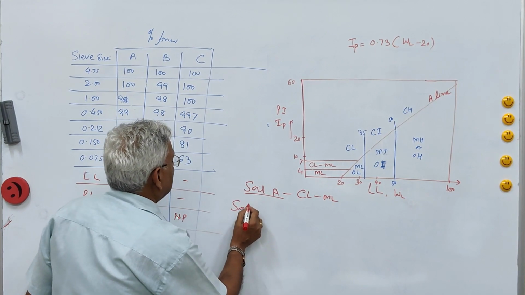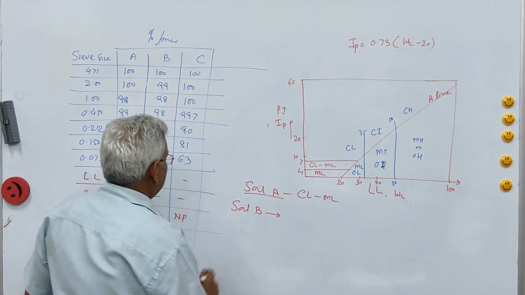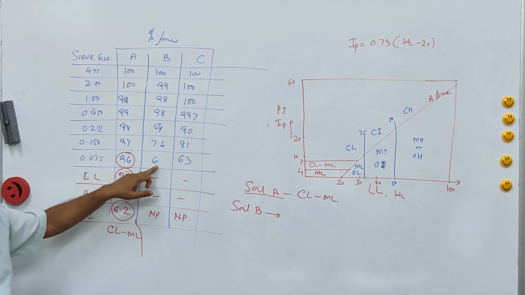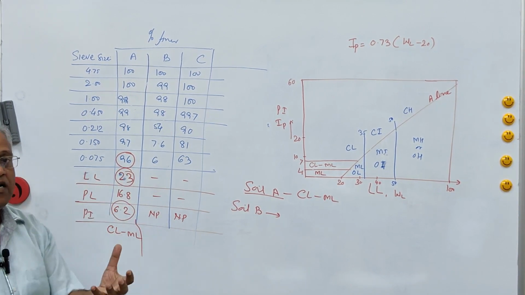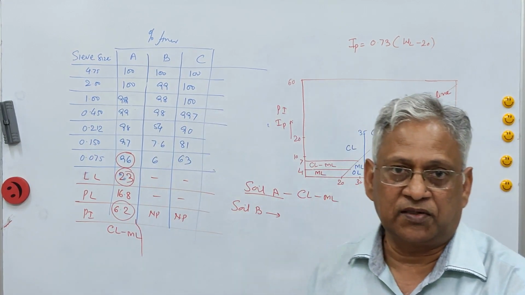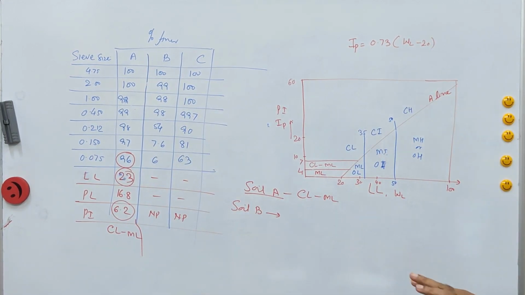Soil B. Now soil B passing 75 micron is 6%. So retained on 75 micron is more than 50%, 94%. So it's a coarse grained soil.